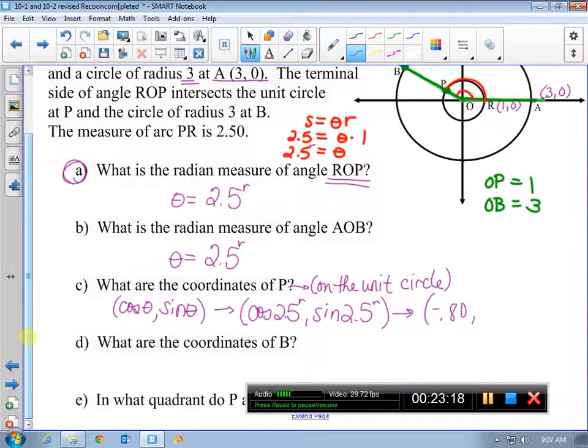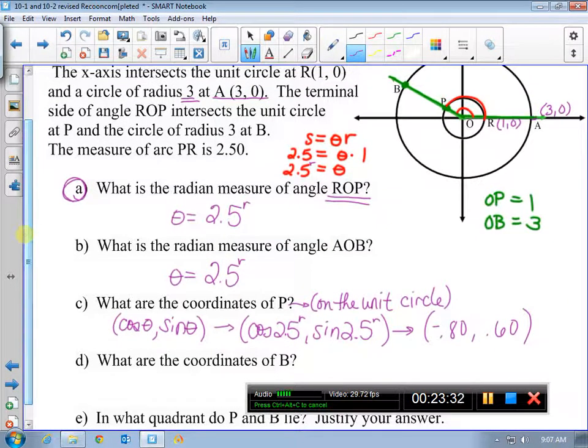That's pretty clean. And the sine of 2.5, rounding to 0.60. All right, great. So point P, let me just label that, is negative 0.8 and positive 0.6. Nice.